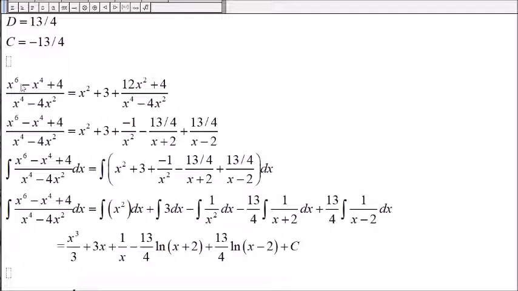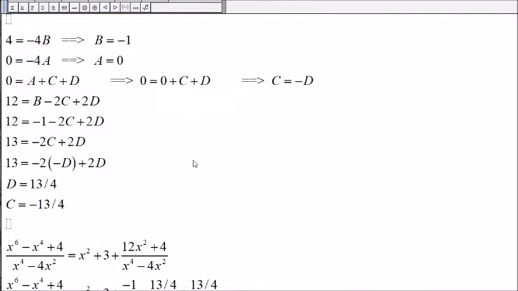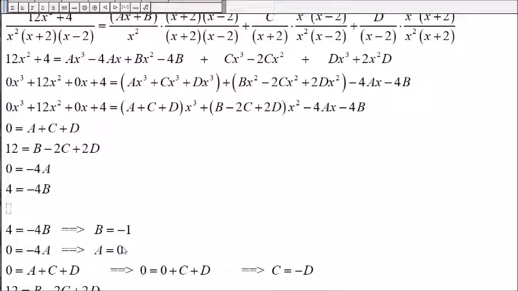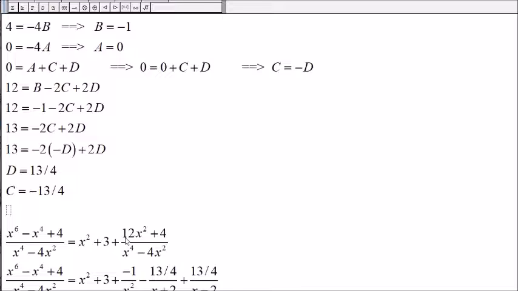And so this is the original integral, and then we did polynomial long division, and then partial fraction decomposition, and we end up with x squared plus 3, and now A is 0, and B is negative 1.